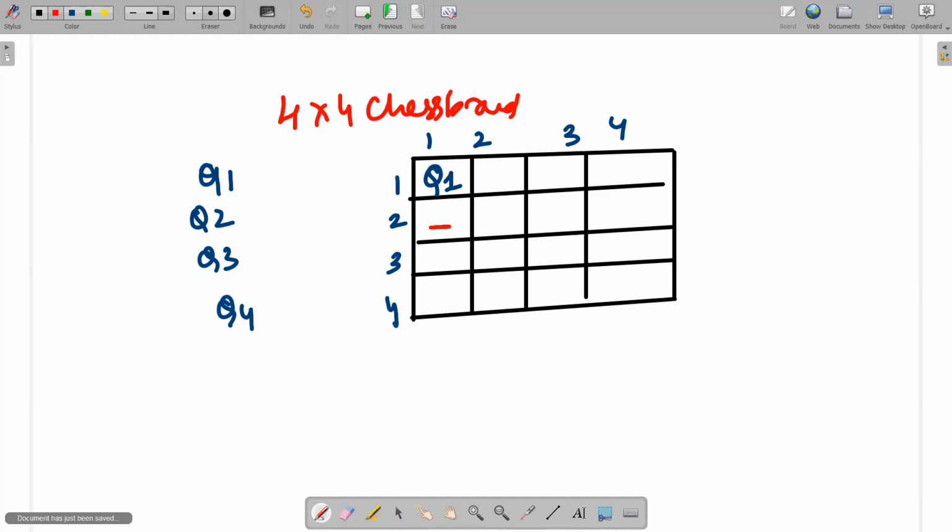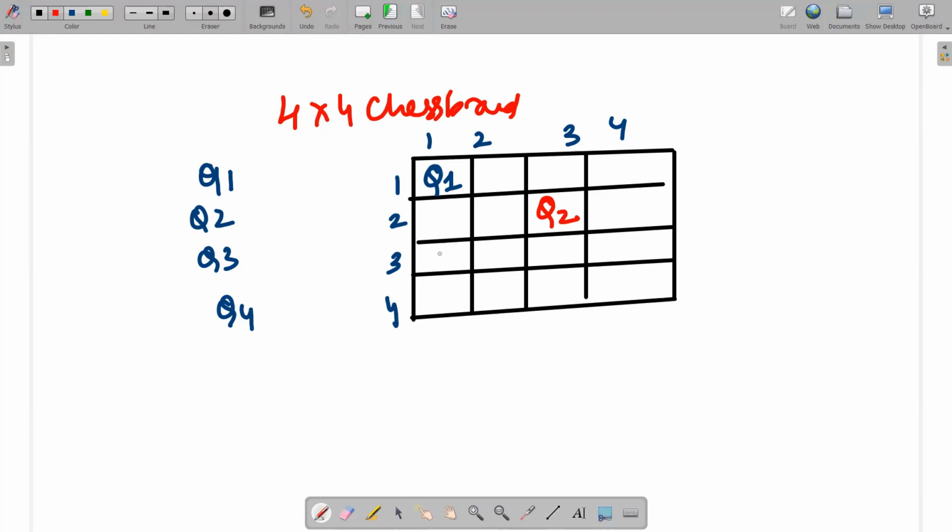But if I put Q2 over here, this is a vertical attack, so obviously I cannot put Q2 over here. If I put Q2 over here, this is a diagonal attack. I cannot put Q2 over here as well. So I'll rather put Q2 over here. There is no vertical, diagonal, or even horizontal attack. So this is Q2.